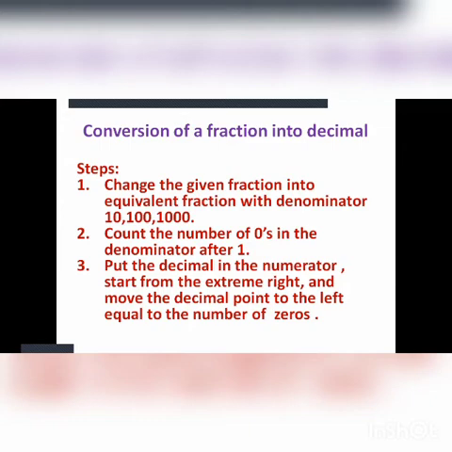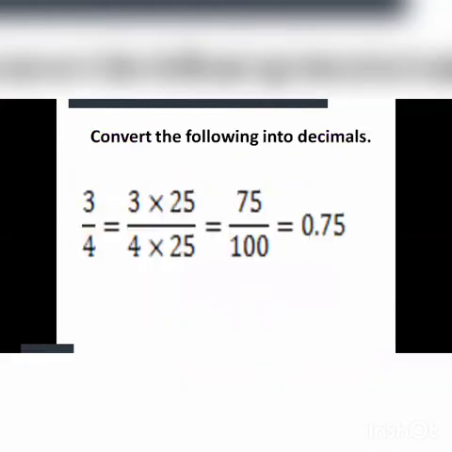Next, count the number of zeros in the denominator after 1. Third, put the decimal in the numerator, start from the extreme right and move the decimal point to the left equal to the number of zeros.